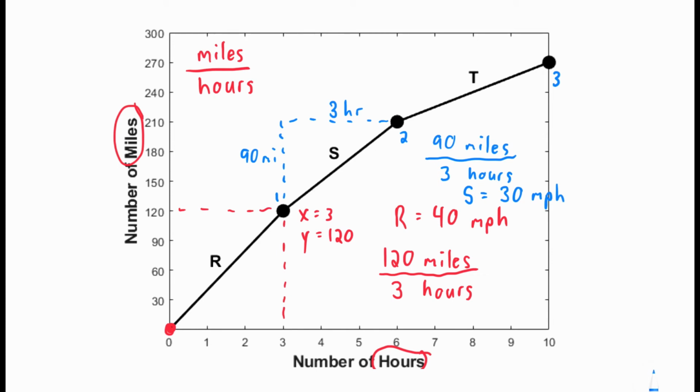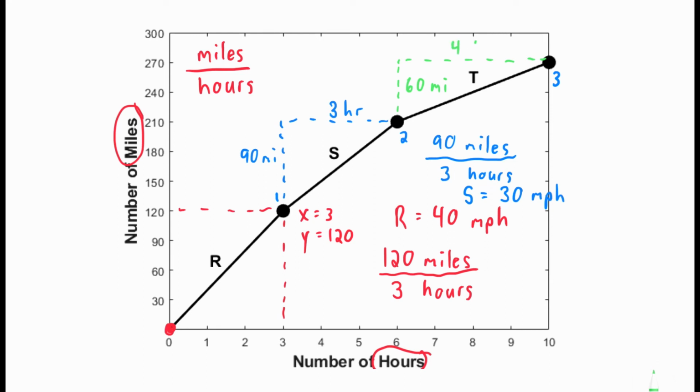Same thing for part T. For part T, we're going from y equals 210 miles to y equals 270 miles. So in this case, our rise is 60 miles and our run is from x equals 6 hours to x equals 10 hours.